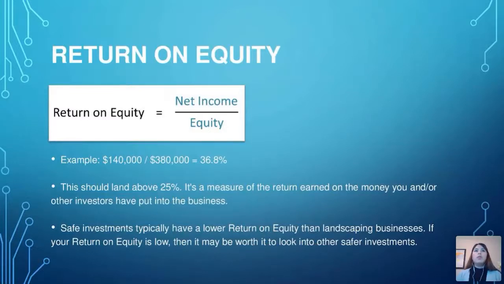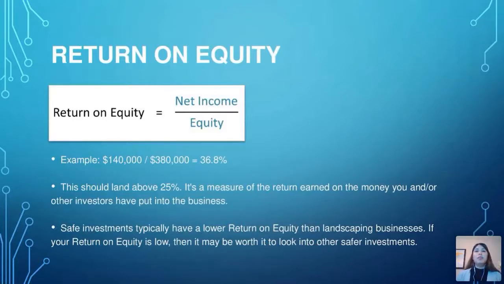So how do we measure this? That is net income divided by equity. In this example, we have 140,000 in net income divided by 380,000 in equity. That gives us a percentage of 36.8%. This percentage should land above 25%.